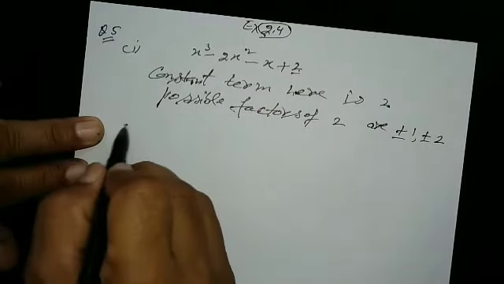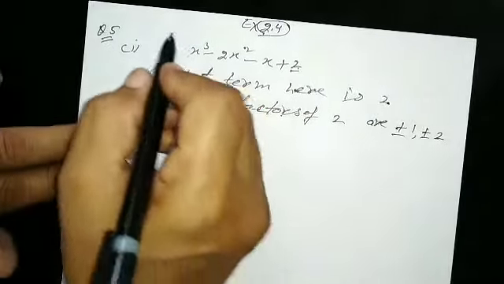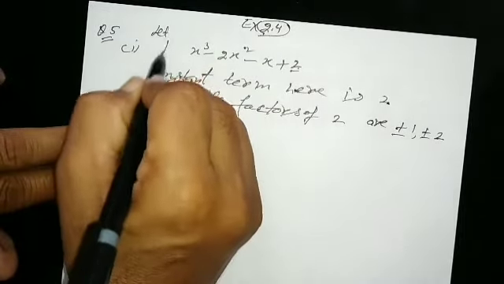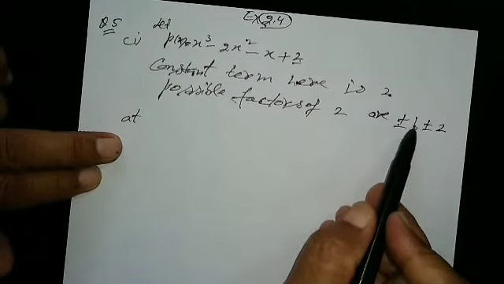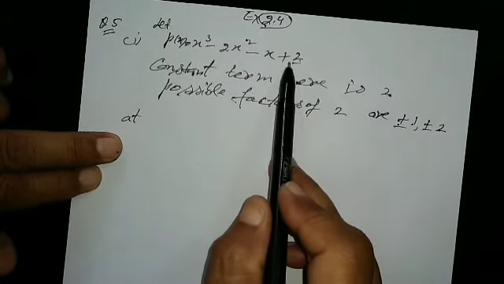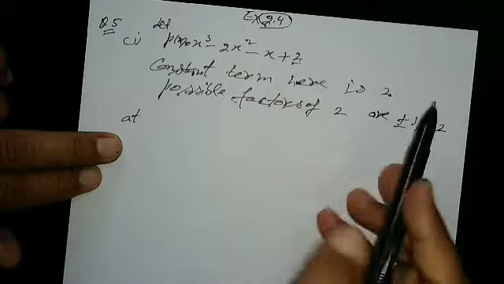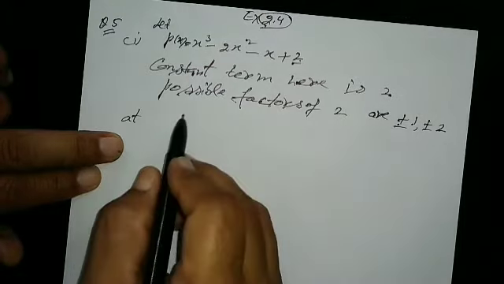By hit and trial, you have to find at which value this polynomial is 0, right?